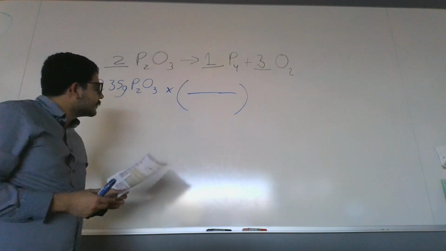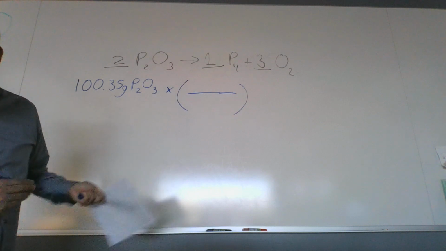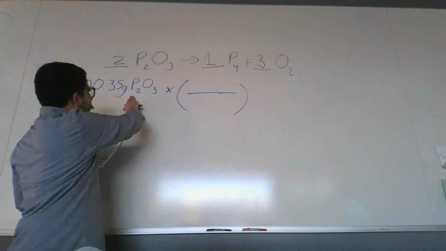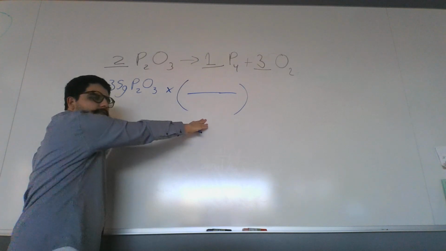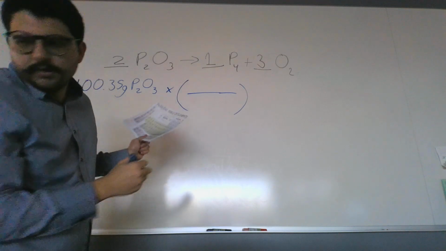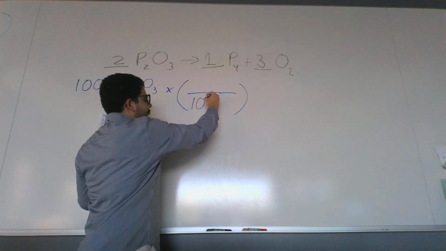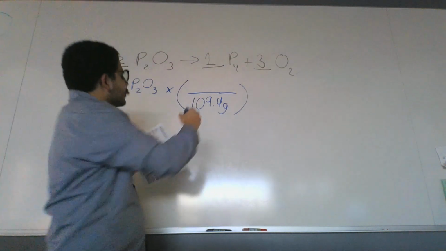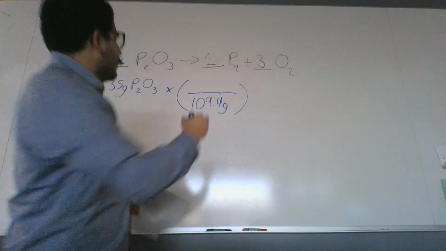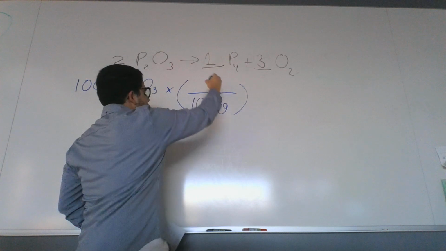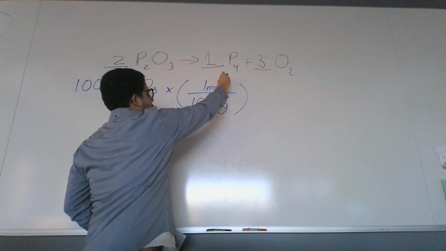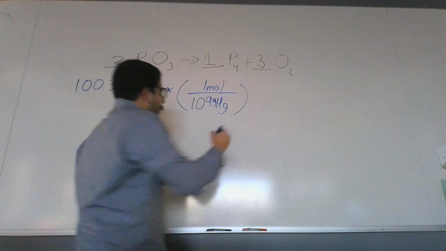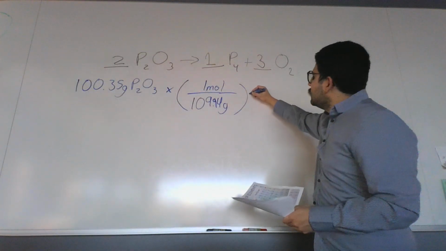Multiply that by 3, add all that together, and you should be getting 109.94 grams. And again, if we're given the grams, the grams should also be on the bottom: 109.94 grams over 1 mole. And I'm just going to continue the process as well.